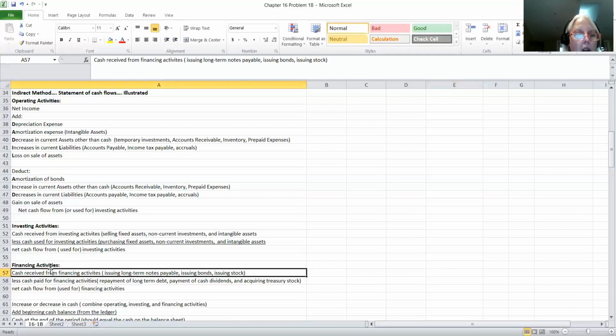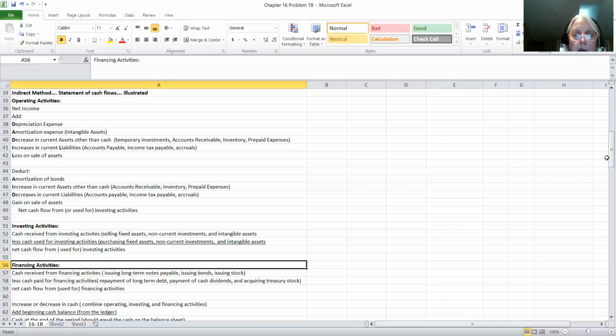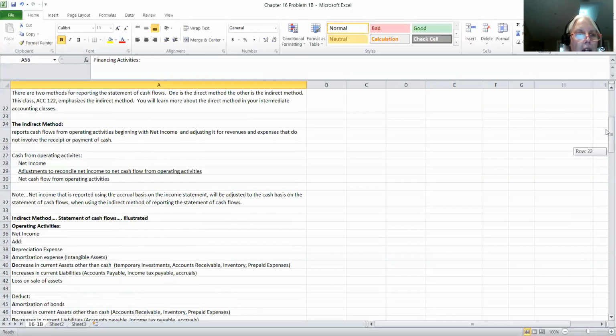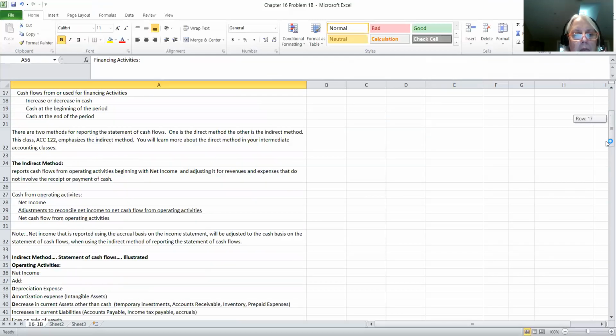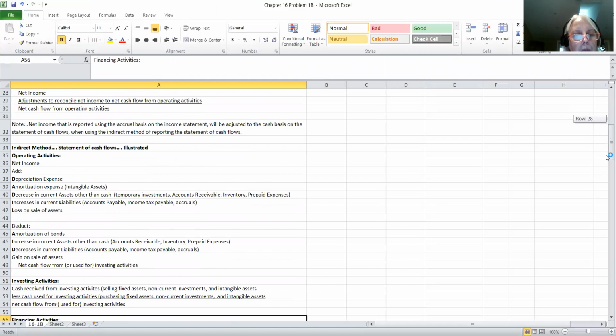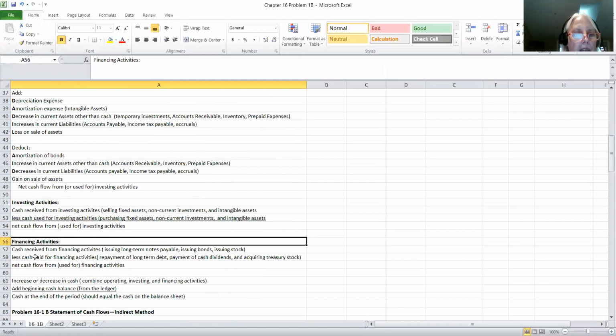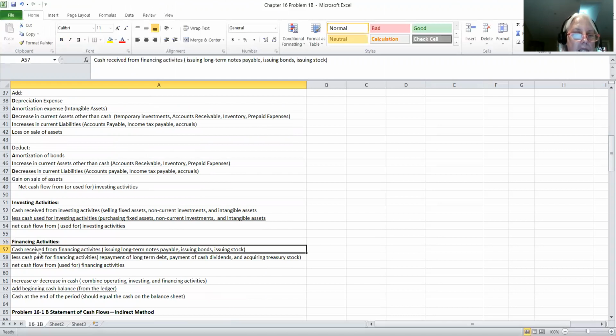The next section of your statement of cash flows has to do with your financing activities. Remember, there's 3 sections. We've talked about operating, investing, and now we're looking at financing activities. So under our financing activities, we're going to find things or cash that we have received from financing activities, such as if you issue long-term debt, it will go in the financing activities section.